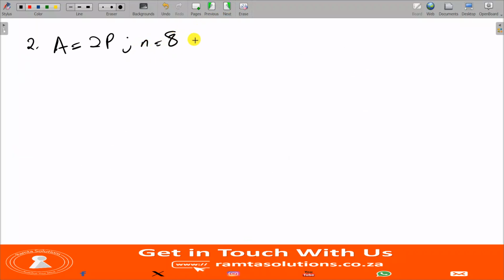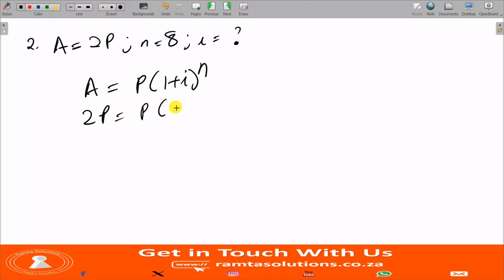P is P. So we will say A equals P into 1 plus i to the n. This is 2P equals P into 1 plus i to the power 8. Now 2P divided by P becomes 2.